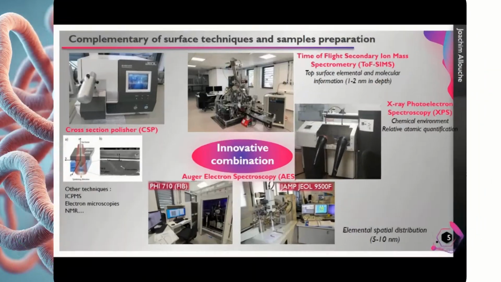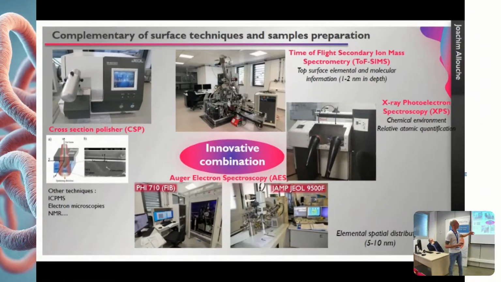Okay. So to characterize all these materials, we combine several techniques, typically surface techniques. I will not go further into the details of these techniques, but we have ToF-SIMS that allows the characterization of the surface of the materials at the molecular level, at the nanoscale level, because we can characterize the composition of the surface at 1 nanometer scale in depth.